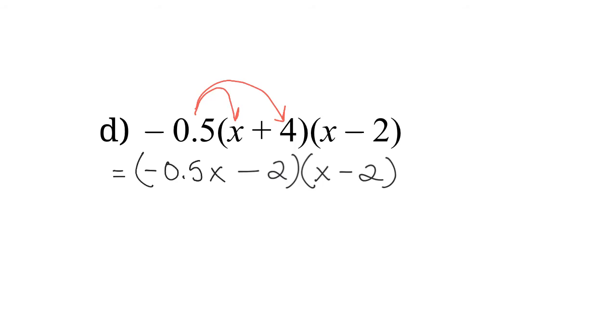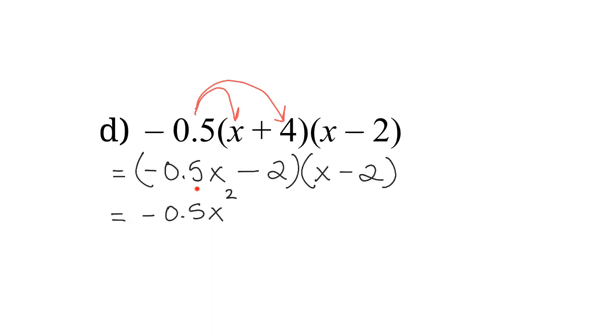So I'm going to start with negative 0.5x multiplied by x. Again, you could read this as 1x. So negative 0.5x multiplied by an x is going to give me negative 0.5x squared.